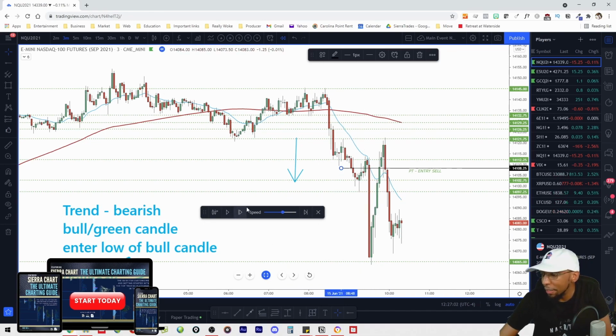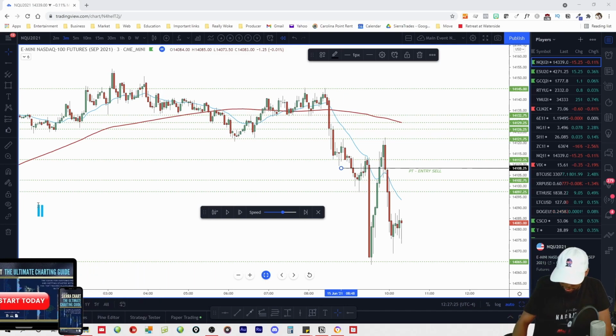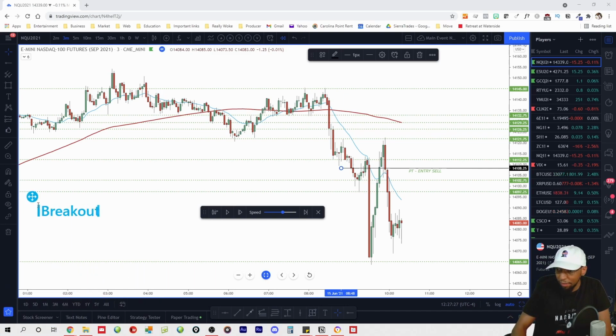So before we do that, what are we looking for in a breakout? Of course, we're looking for structure as well. We're looking for support and resistance. Let's go ahead and move that out of the way. All right, so for a breakout, we're looking for structure, right?